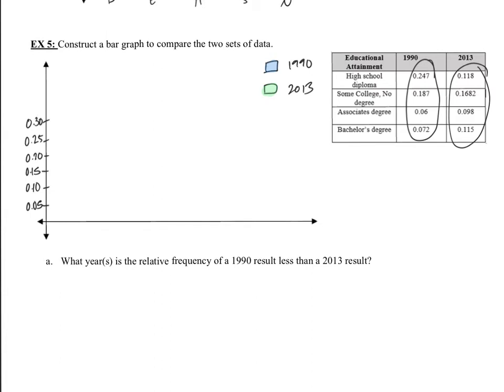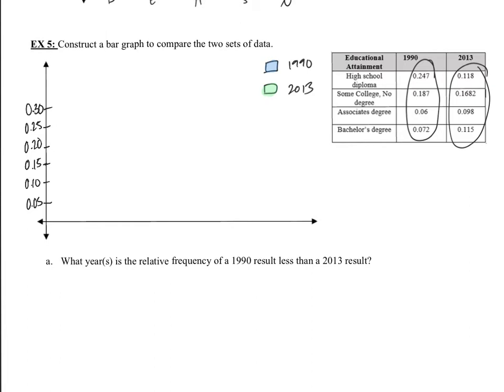Actually, I'm going to make those a little farther apart. I think I can afford to do that. Sometimes it takes a little bit of finagling. It's a wee bit better. Okay.